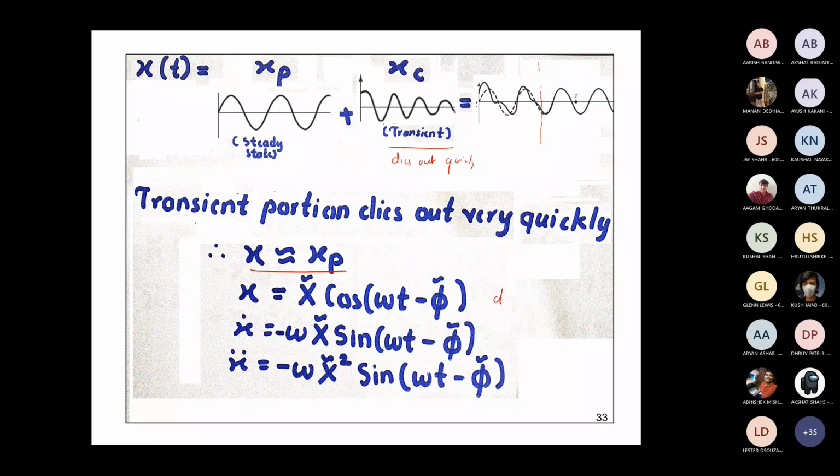These are the equations of displacement, velocity and acceleration. I put this wave sign to differentiate between this amplitude and the amplitude of the steady state part. I hope you have understood that. Now since there is only the particular integral part, just for convenience I am going to replace this symbol by x.